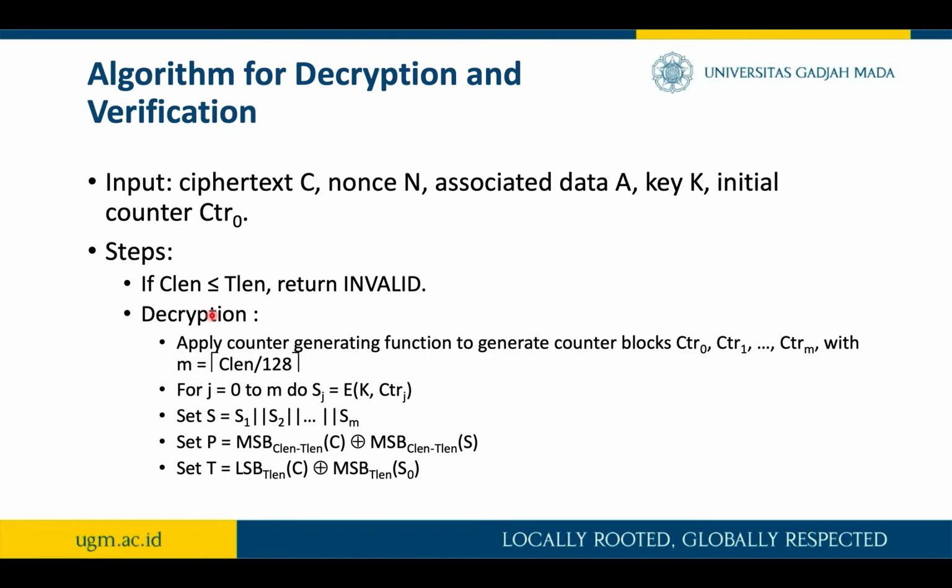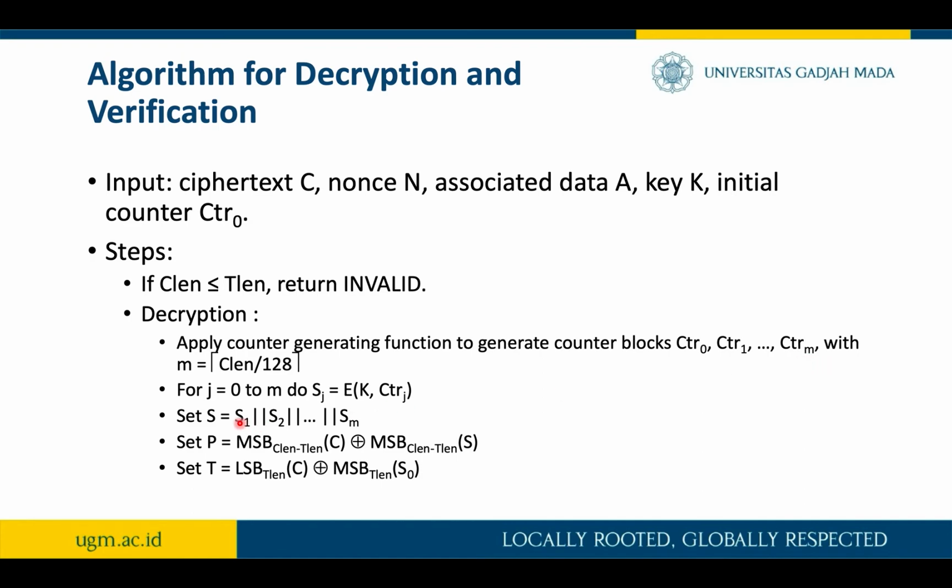For decryption and verification, the input is the ciphertext, nonce and associated data, the key, and the initial counter. If the length of the ciphertext is less than the length of the message authentication code, then return invalid. Then for the decryption, we generate the key stream first, counter number 0 to counter number m.